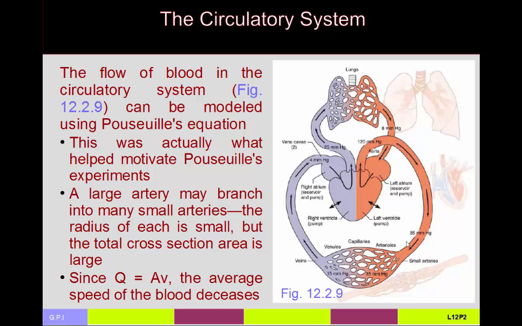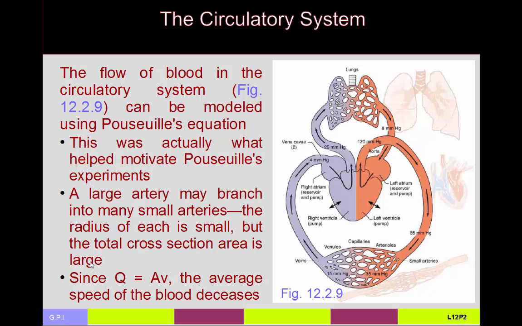The arteries split into smaller arteries, then into arterioles, then into capillaries, and eventually into venules and veins. By the time we return to the heart, it's blood at very low pressure. Then the heart pumps the blood through the lungs at relatively high pressure, it gets oxygenated, then goes back to the heart to get pumped out into the rest of the body.